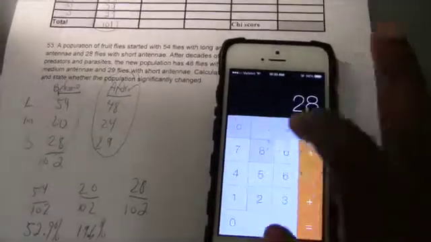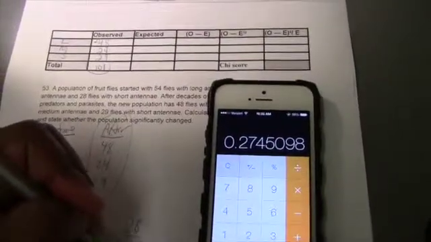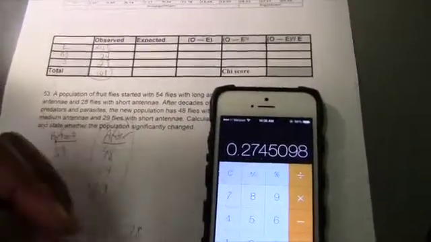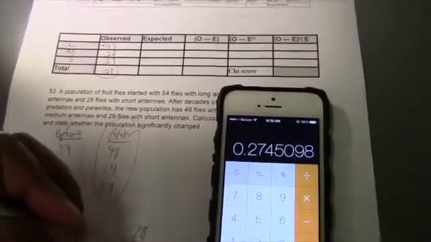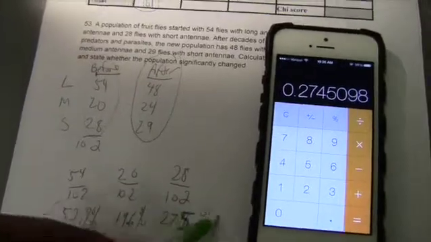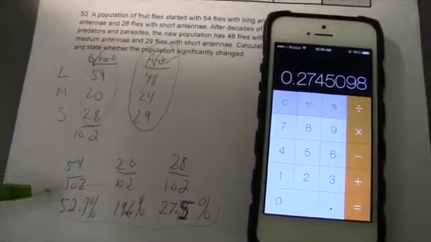And then 28 divided by 102 is 27.4. I'm just going to round that, so we're going to say 27.5%. So these are the percents we expect to get if we have 102, but we don't have 102.